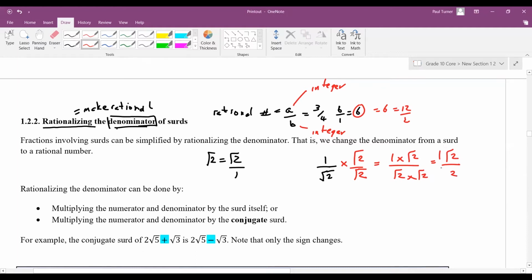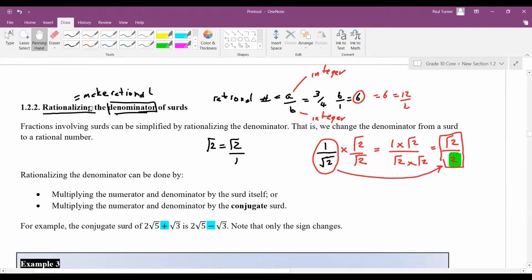So now that has changed. Your calculator will do that for you anyway. So now your denominator is a rational number. It's a whole number. It can be negative and it can be a fraction as well. That's no problem. So that's a simple one.